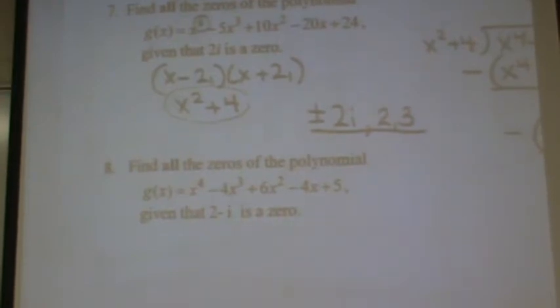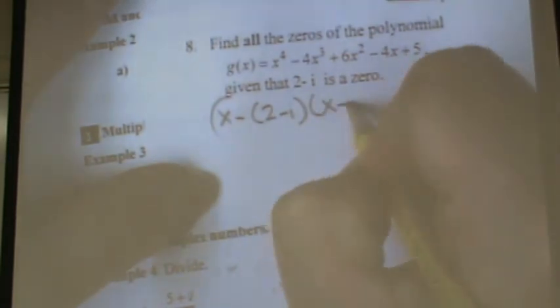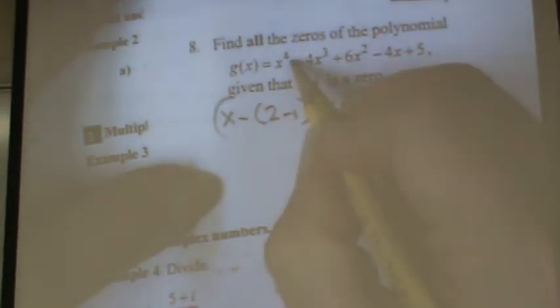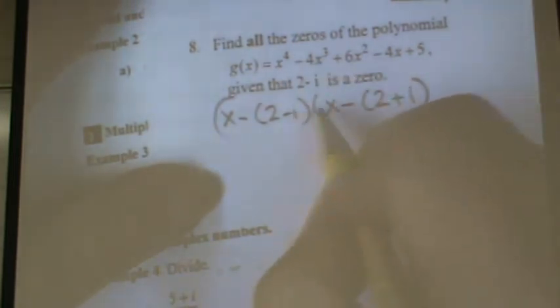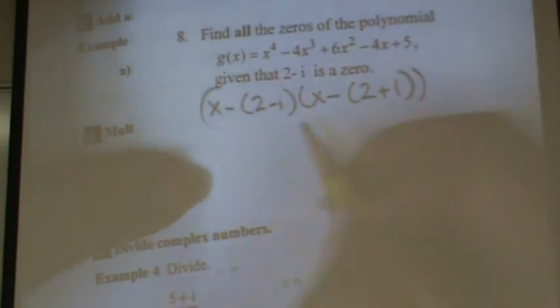Okay, how about this last one? Sorry we didn't give you a lot of room. So we have x minus 2 minus i, and x minus 2 plus i. So we're looking for 4 zeros, and 2 of them are given. Well, one's given, but we know the other one. So let's spell this out.